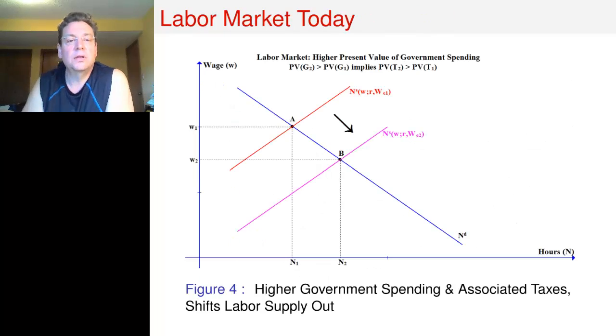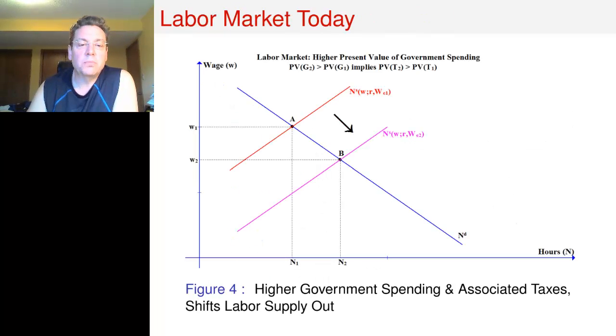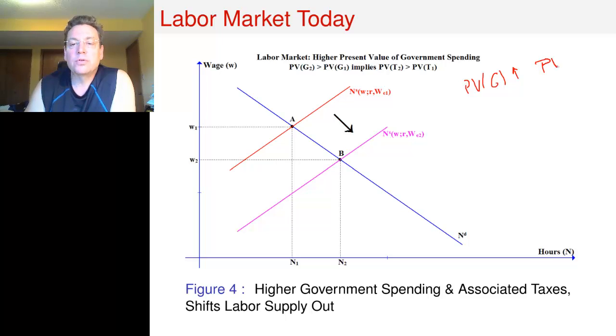We see this in this graph. We start at point A, and remember that what's happening is the present value of government spending goes up. Therefore, the present value of taxes goes up, and that reduces consumers' wealth. So at any given wage, they want to supply more labor.